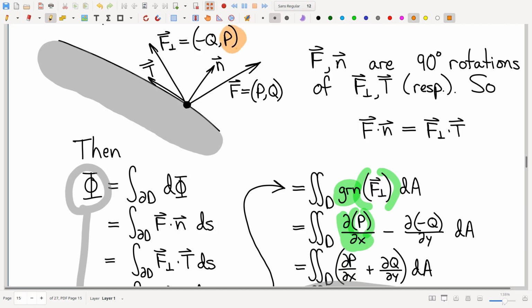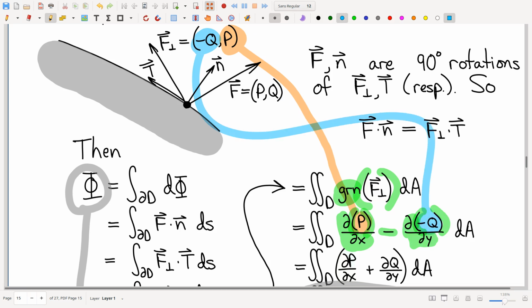Now our second coordinate is p. And then minus the y partial of the first coordinate. Our first coordinate here is minus q. So again, don't do that too quickly.